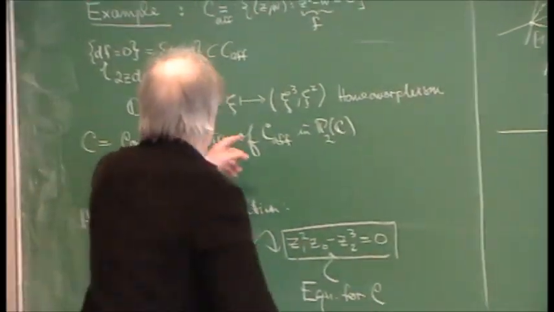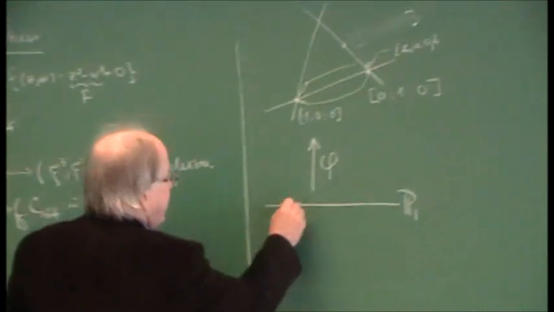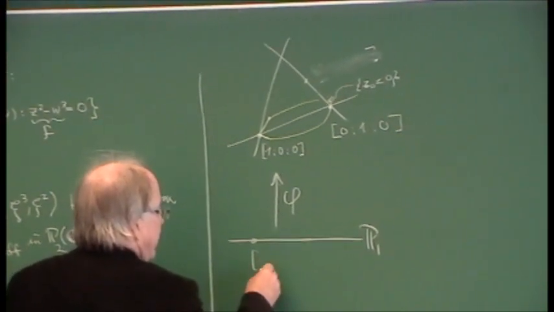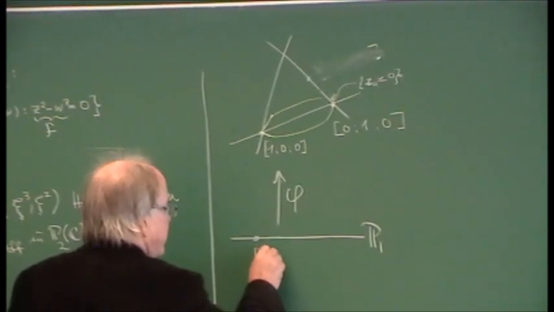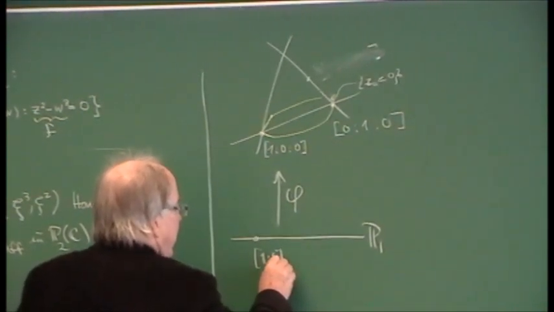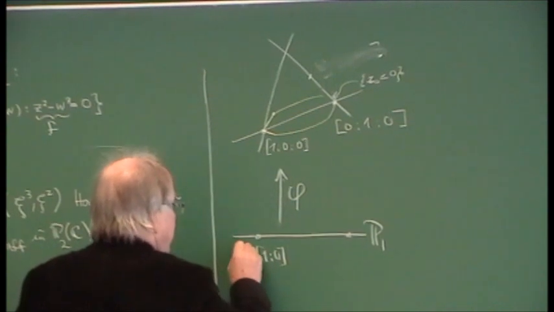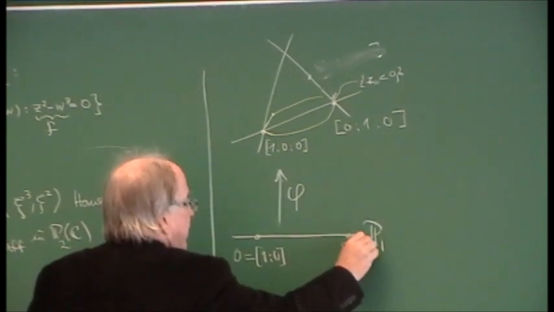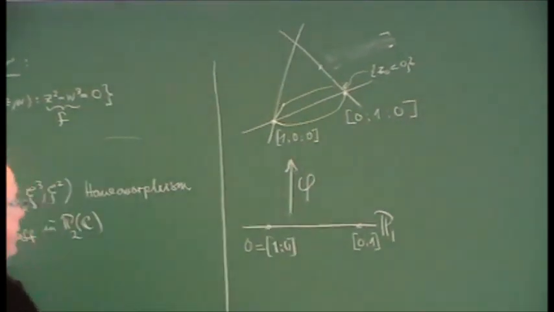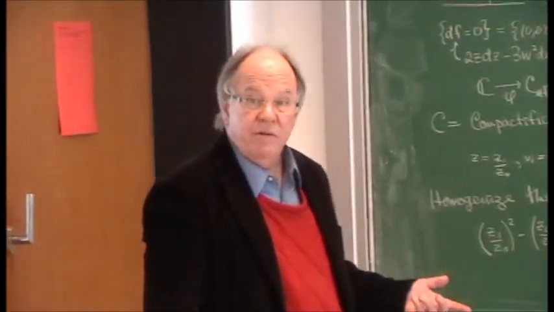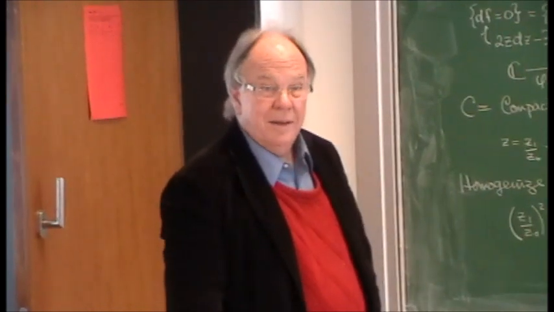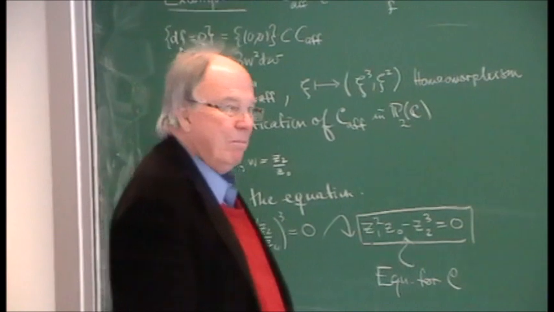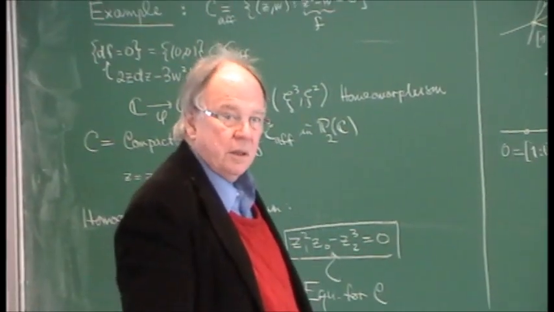I mean, the origin goes to the singularity, if you like. The origin here is probably that, and that's what we're calling 0. And then infinity would be this. And you can easily see this parameterizes the curve. That's the homeomorphism. So that means this curve is a copy of P1, but only homeomorphically because of the singularity.